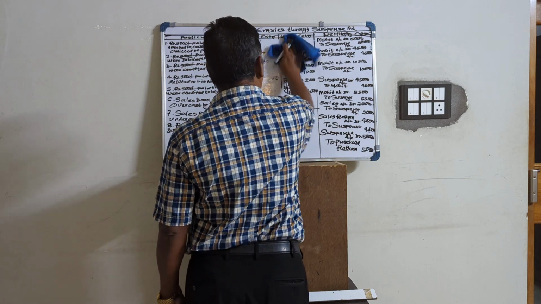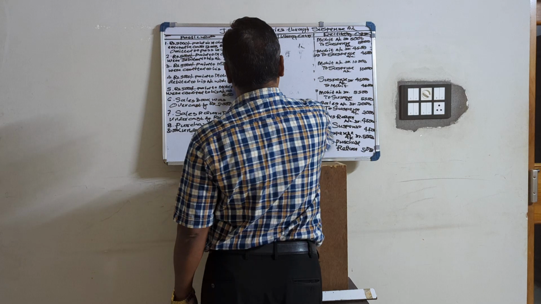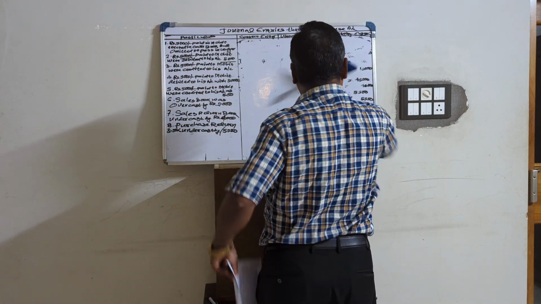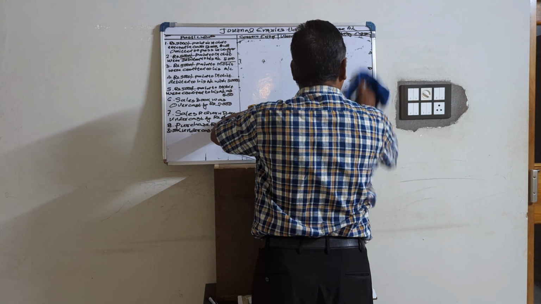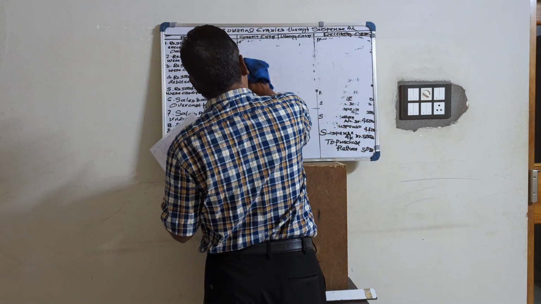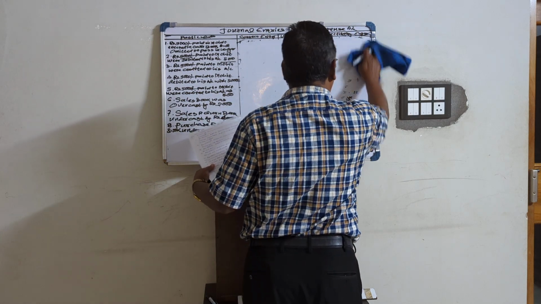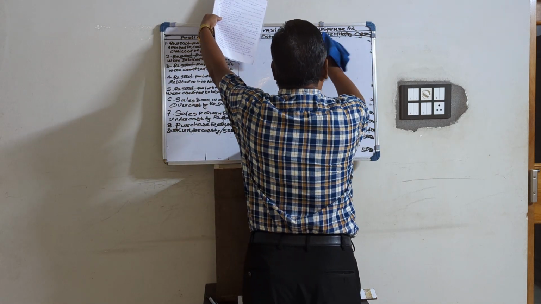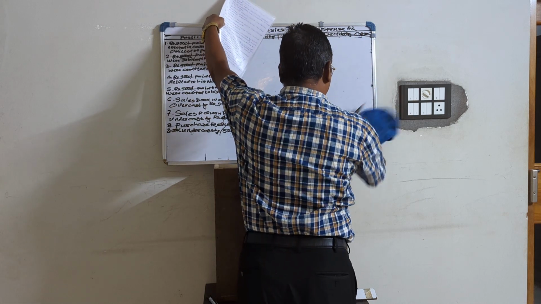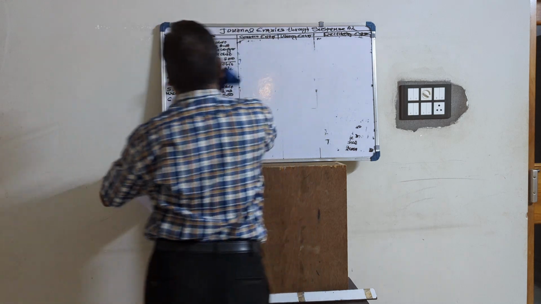This is one example. Then we will do another example and complete it. For journal entries, we need the correct entry, the wrong entry, and the rectifying entry, because if you know what the correct entry is and what wrong entry has been done, then you can rectify it, otherwise not.